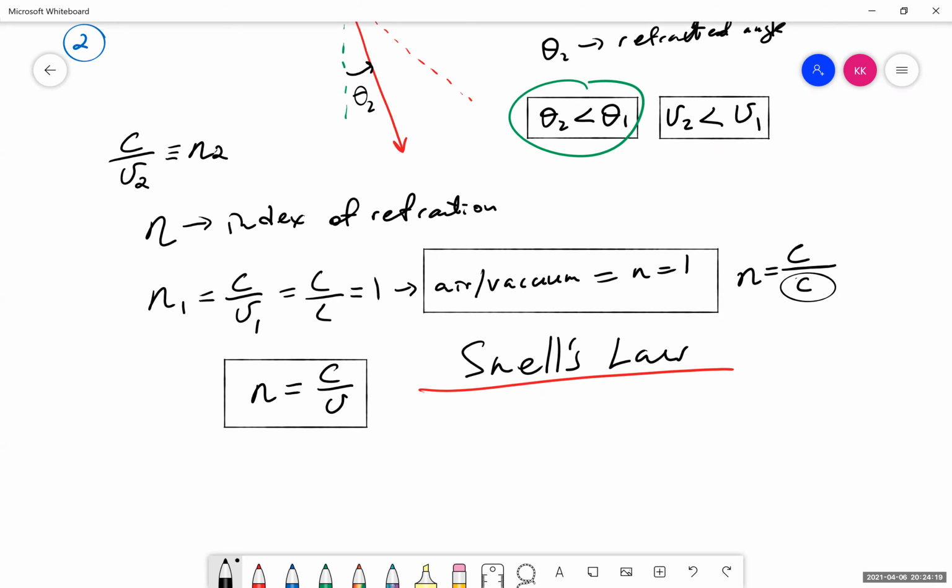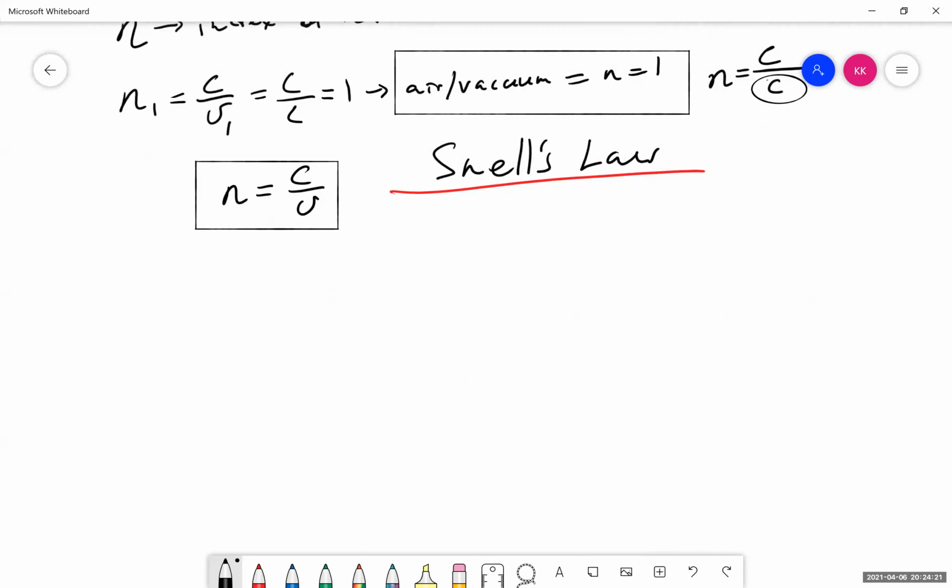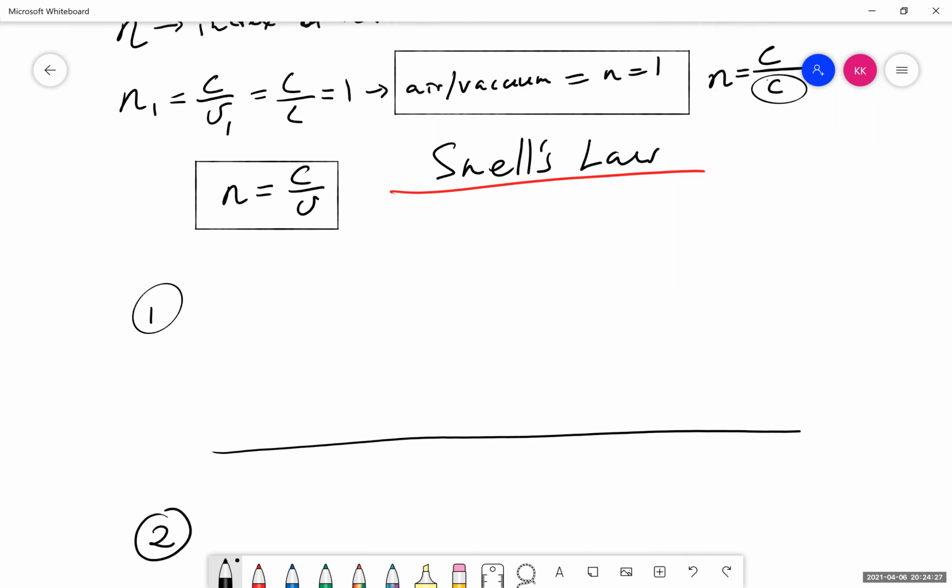Remember, if I have the boundary line here, this is my medium 1, and this is my medium 2. One of the important things I need to do here is draw a normal, which will be perpendicular. Then I have the incident light.